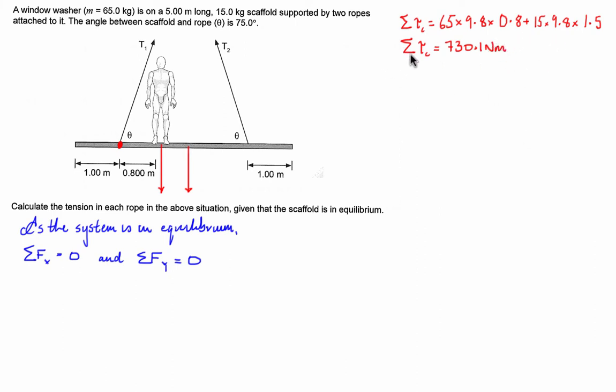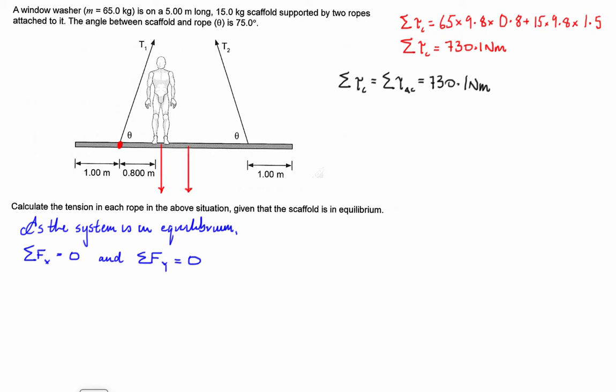So from here, guys, because the sum of the torques clockwise has to be equal to the sum of the torques counterclockwise, or anti-clockwise, the anti-clockwise torques have to be equal to 730.1 Newton meters. And in this diagram, you can see that the only thing providing the counterclockwise rotation from this pivot point here is this wire.